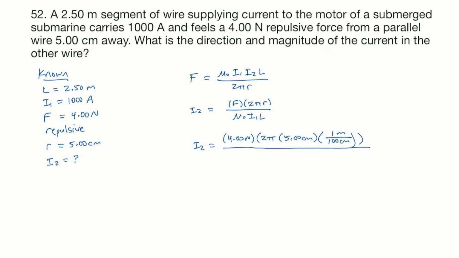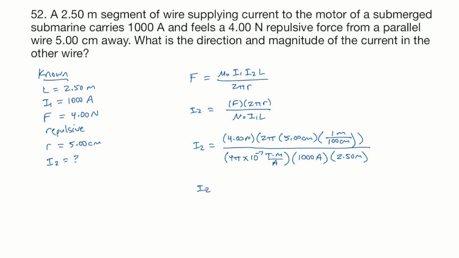We need to divide by mu 0. That's the permeability. It is 4 pi times 10 to the minus 7 Tesla meters per amp. We have I1 is 1,000 amps, and then the length is 2.50 meters.